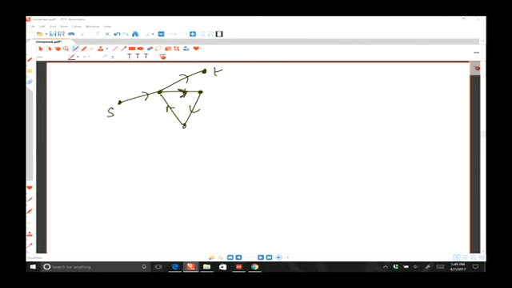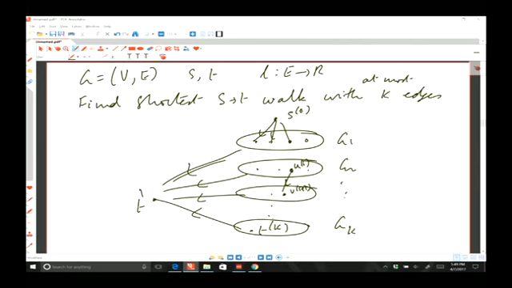Bellman-Ford is exactly this. Remember, this allows you to compute shortest walks with any given number of edges. Suppose I put k equal to n minus 1.